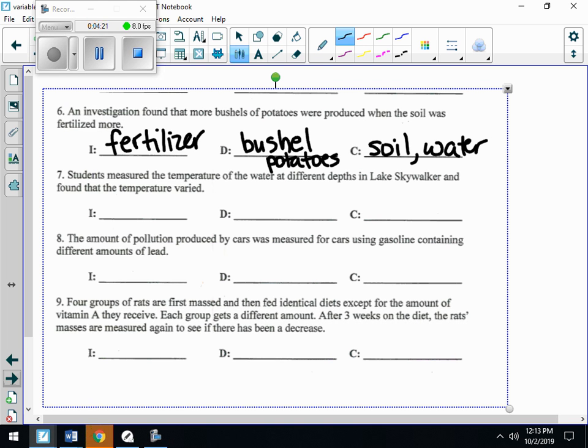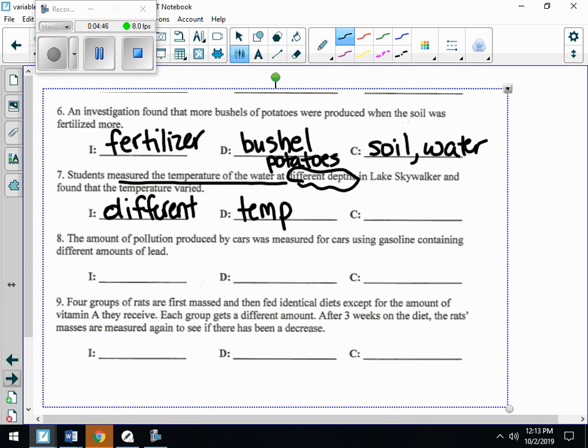A student measured the temperature of the water at different depths at Lake Skywalker and found that the temperature varied. What did they measure? What was the data they're collecting? Temperature of the water. What are we changing? We're changing the different depths. So that's a clue to help you. What you're measuring and what you're going to be observing is going to be your dependent variable. What is the outcome of your experiment? What are your results?